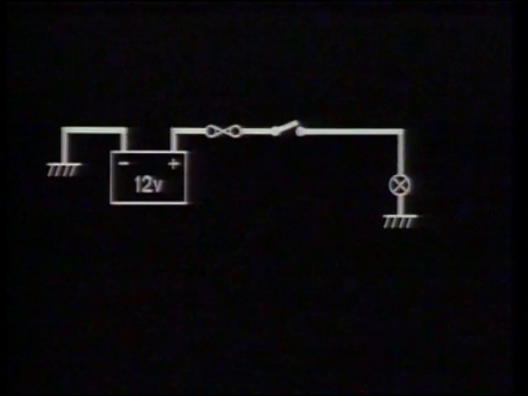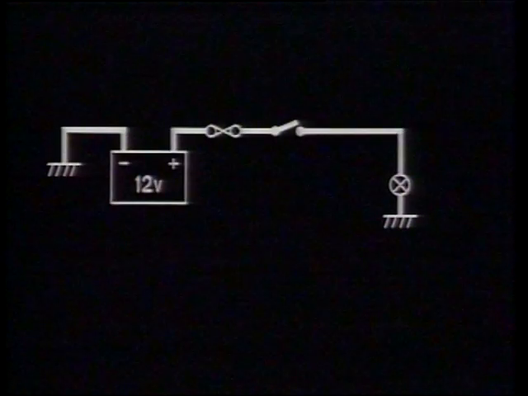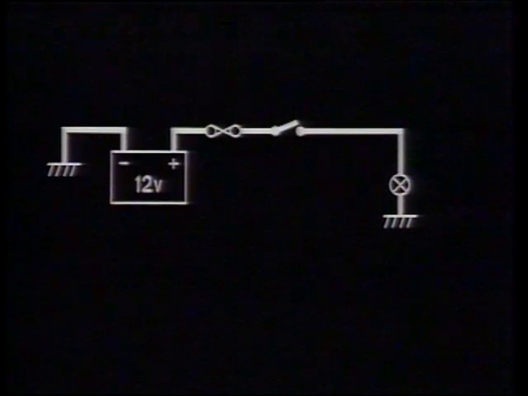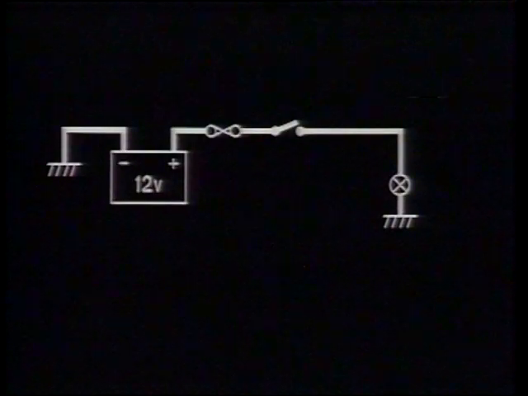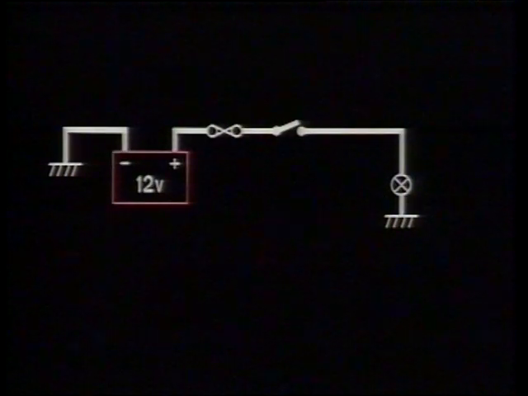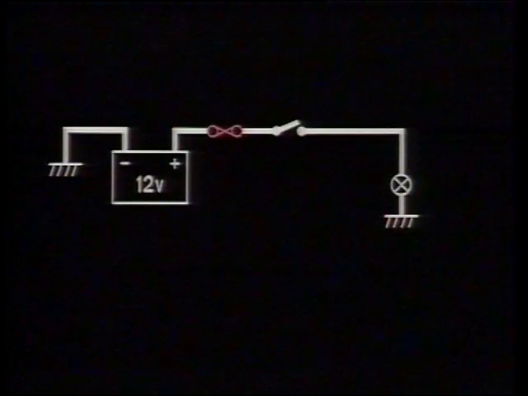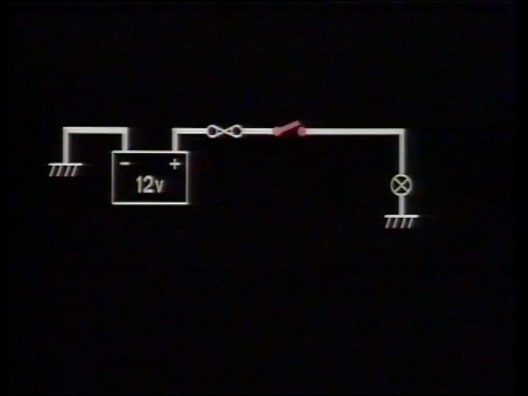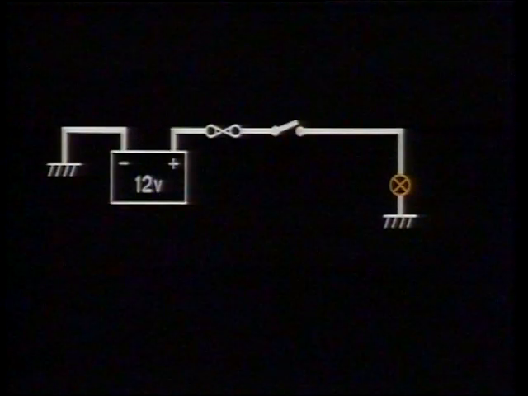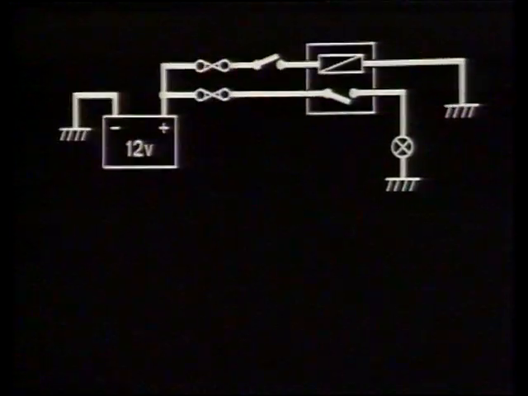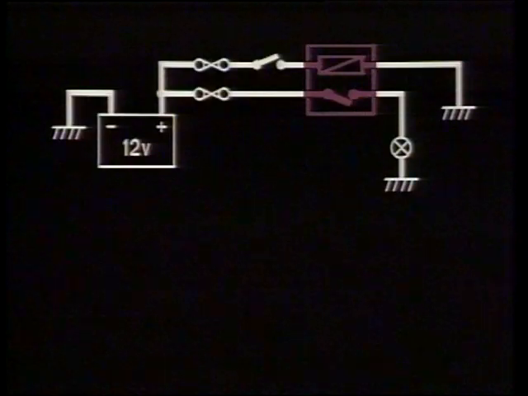Historically, the way in which circuits have changed can be illustrated using four circuits. Circuit 1, a very basic circuit with a power supply, conductive cabling, a fuse, a switch, and the unit needing power. Circuit 2, in which a relay has been added.